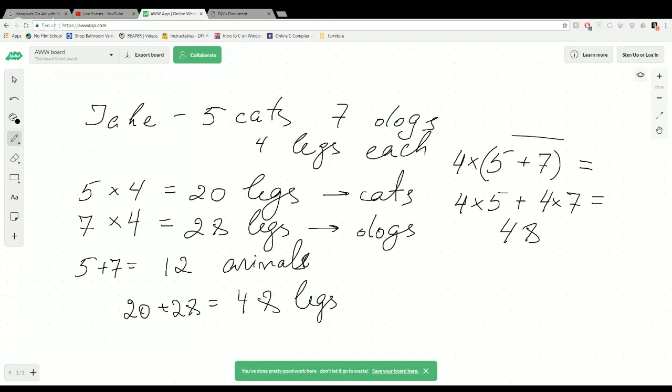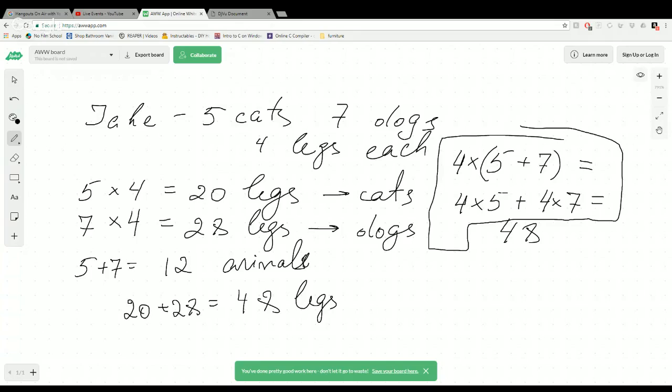So this expression right here is what we call the distributive property. We've distributed the multiplication into this addition. We're counting the same thing here. If I want to know the total number of legs, in the first example, I see how many animals I have in total. I know that each animal has 4 legs, so I do 4 times the total number of animals.